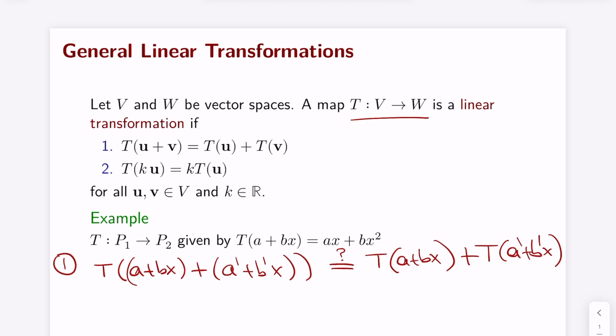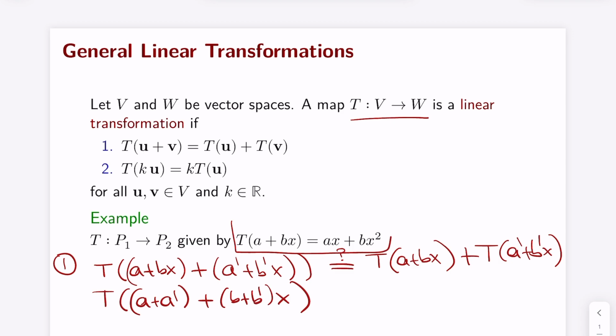And so we do these two operations on both sides, left and right, and check if they are equal or not. So for the left part, we need to do first the operation between parentheses, that is an addition of polynomials. This is a plus a prime plus b plus b prime x. And now, still in the left part, we actually do the transformation. We apply the transformation T to this polynomial. Let's see what this transformation is doing.